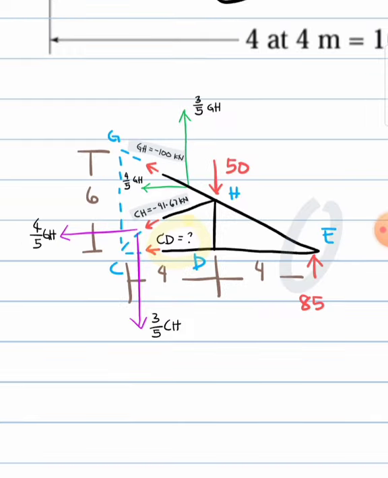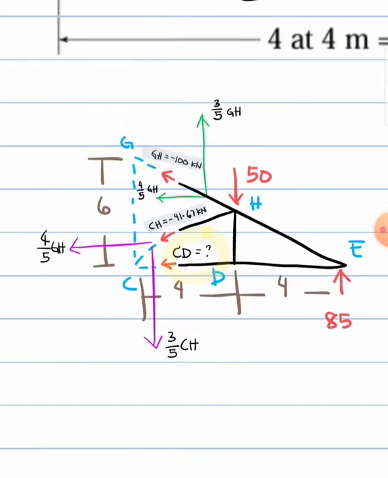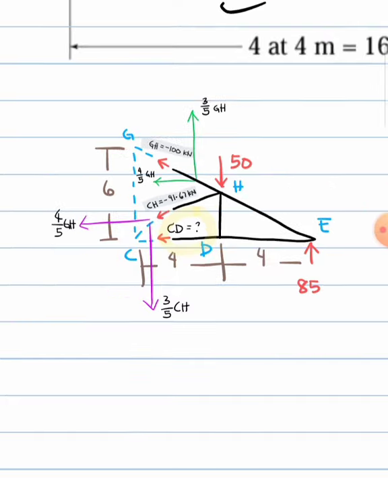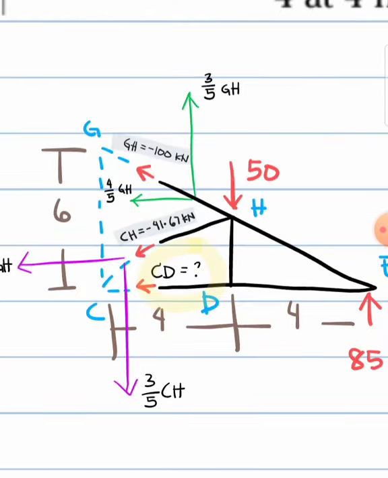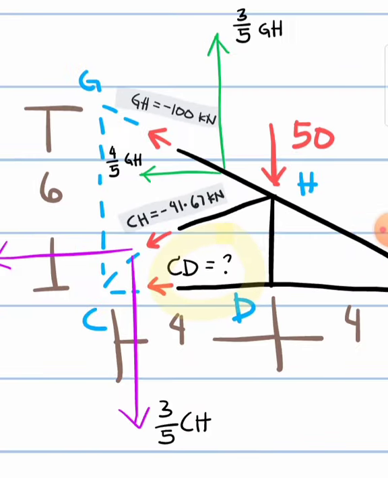It could be at E, at H, at D, at C, or at G. We can do it, but we can also sum all the forces, either vertical or horizontal. But I guess the most genius way to solve CD is to sum all the forces in the horizontal of this entire truss, because as you can see, CD is just a horizontal force, right?